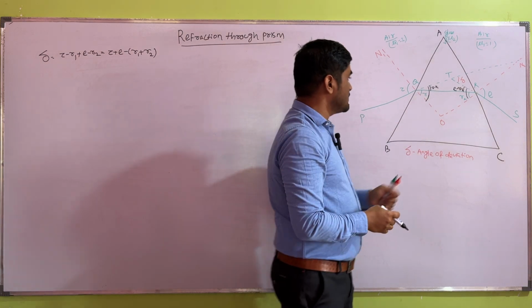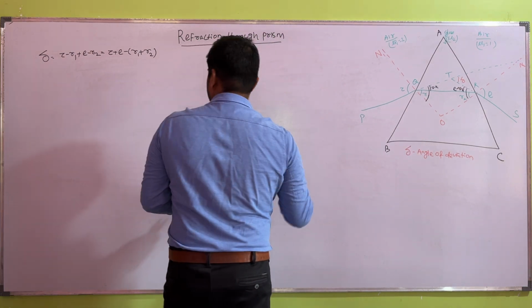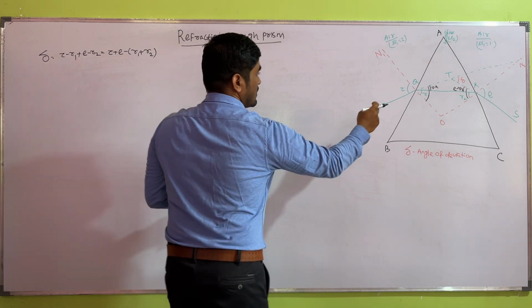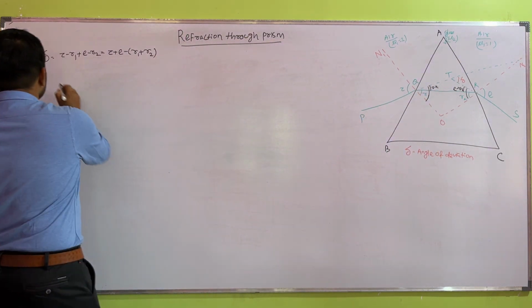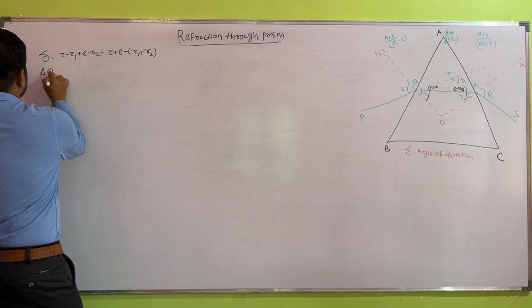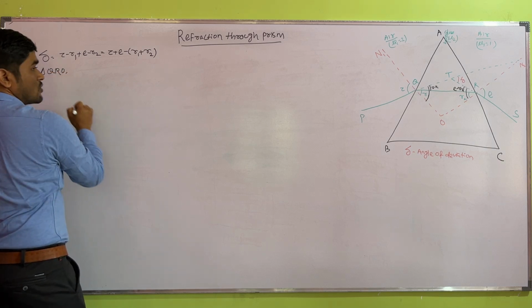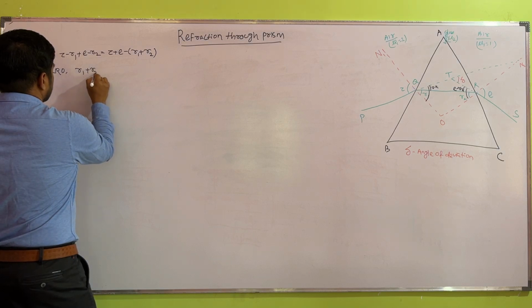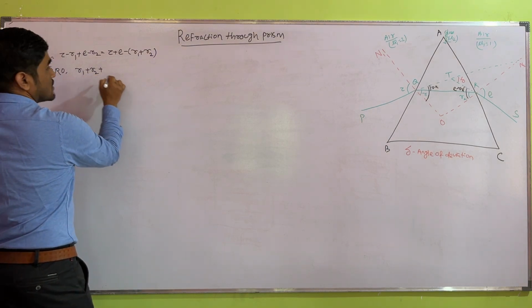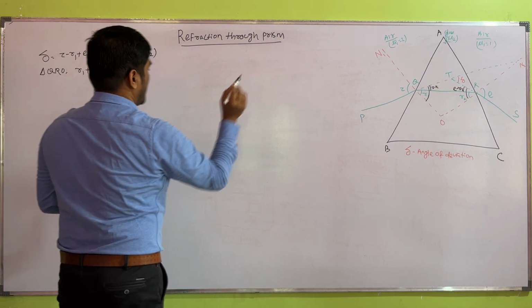So you can write, in triangle QRO, R1 plus R2 plus the angle QOR.